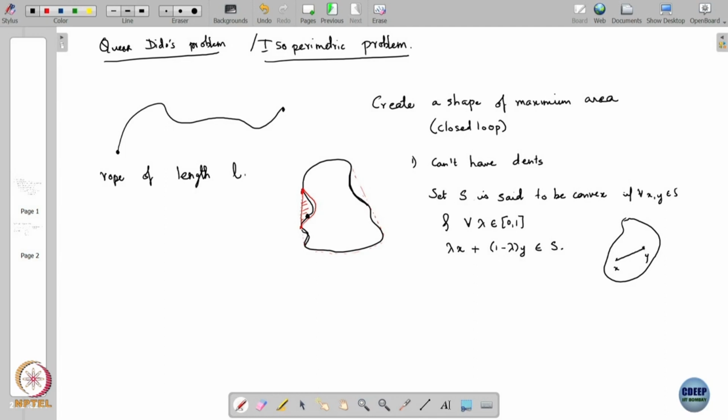So the set is said to be convex if for all x, y in S, the entire segment joining x and y belongs to S. So our first observation, in which we colloquially said that it cannot have dents, is effectively saying that the shape of maximum area must be convex. Right?